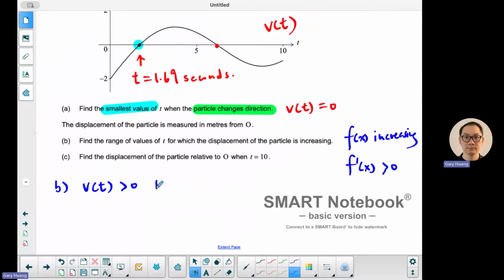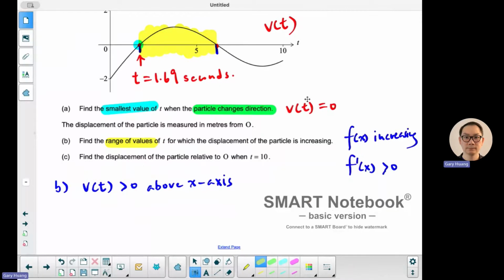Positive, greater than 0, means above the x-axis, right? So where is the graph above the x-axis? Well, it's between this point and that point. This is when the velocity function is above the x-axis. So I'm looking at this portion between these two x values. They want a range of values, so we're looking at between those two numbers.